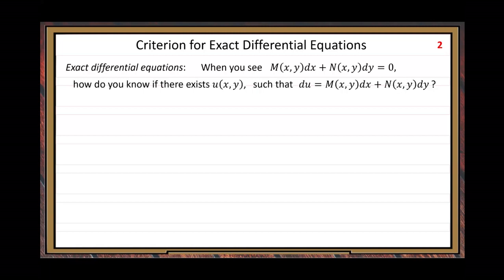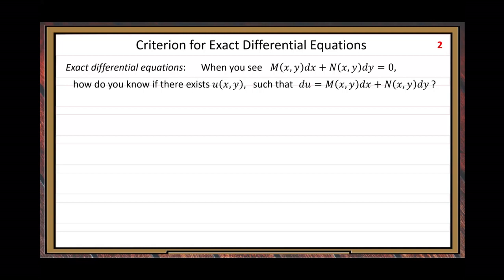Because if we can find that u, then this expression can be written as a total differential. This du is a total differential. Then we can find that u, so we can get a solution u(x,y) equals constant c, right?